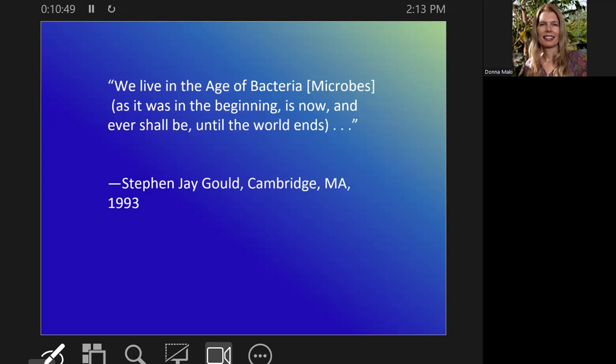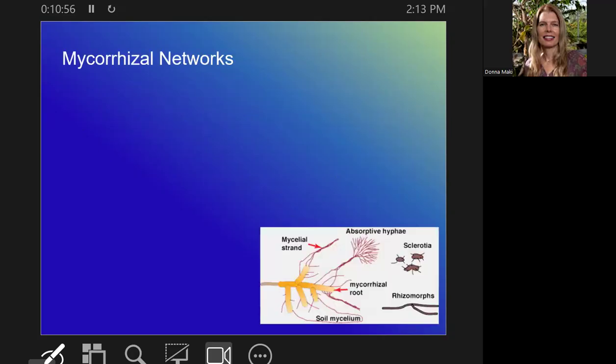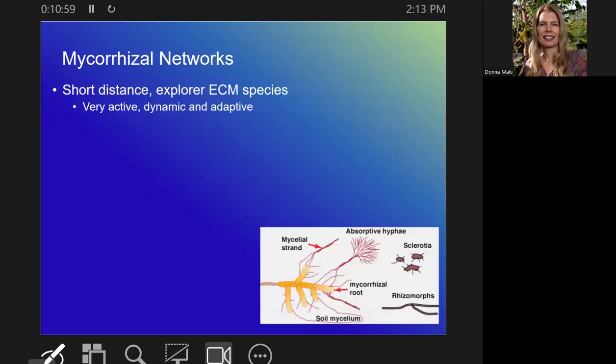And so it makes sense that there are these dynamic interactions between, in this case, the host plant and the associated microbes. So in that chapter, she's looking at this idea of the short distance hyphal growth in the underground, ECM being ectomycorrhizal fungi. Those hyphae tend to be very active, they're dynamic, so they're growing, and if an area that they grow into isn't very useful, they'll prune away that part and grow in another way.